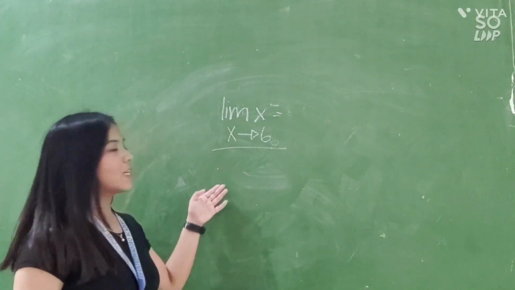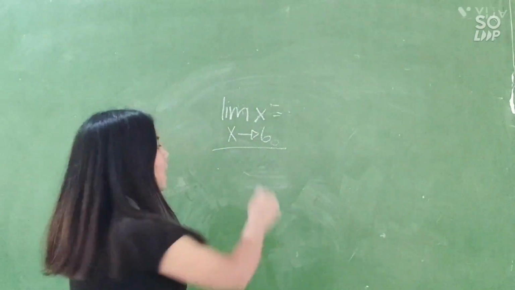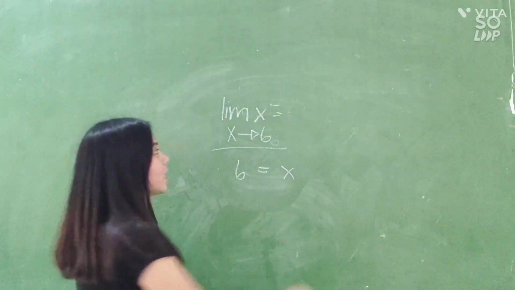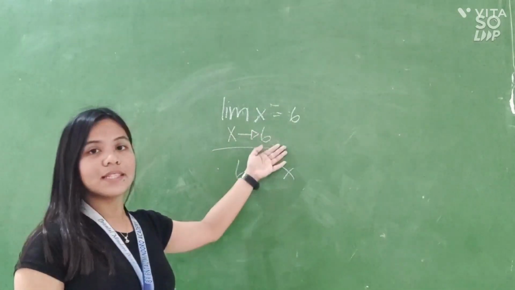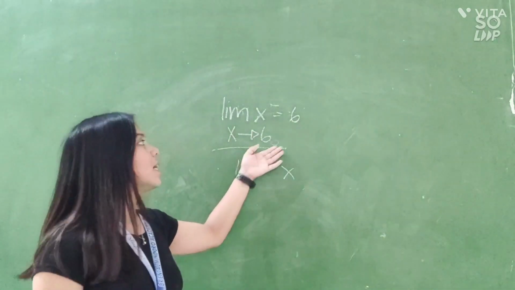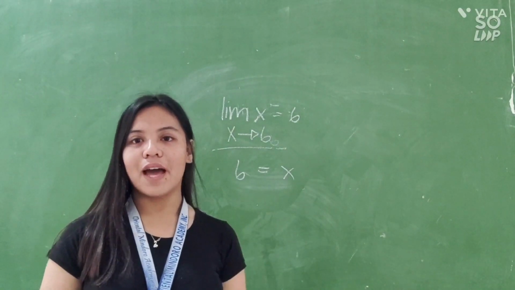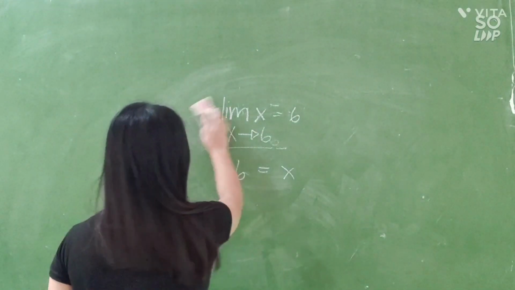In this problem, x is approaching 6, so 6 is our x. So, the limit of x, if x is approaching 6, is equal to 6. In that problem, we use the limit of x.